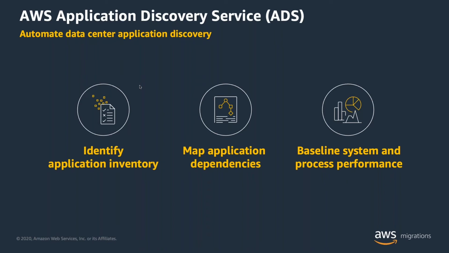What that means is, for example, if you're using 100 virtual machines on-prem, when you go into the cloud you probably might not need all 100 machines. You might be able to reduce the count to maybe 50 machines based on CPU and memory utilization. The ADS service captures all the information and provides you with recommendations on what should be running on the AWS side.